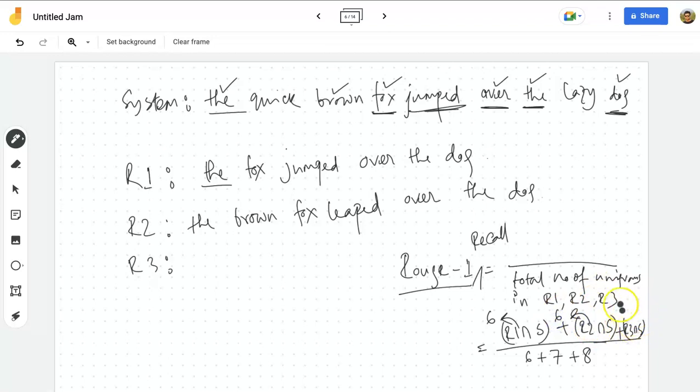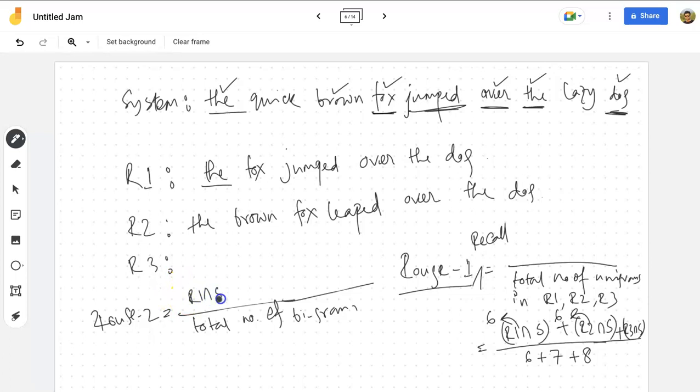Similarly, you can calculate for R3 and you will sum over all these things and you will get the value for ROUGE. Similarly for ROUGE-2, it is basically the same thing. In the denominator it will be the total count of bigrams, and in the numerator is the intersection of the bigrams.